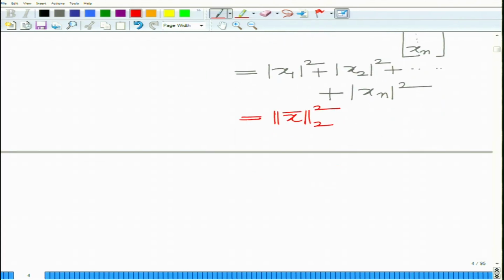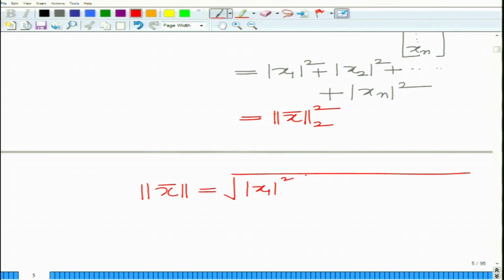And therefore, once again you see that the norm of a complex vector x bar is the square root of magnitude x1 square plus magnitude x2 square plus up to magnitude xn square, where we have replaced xi square with magnitude xi square. This is a general definition, and it works for both real as well as complex vectors.